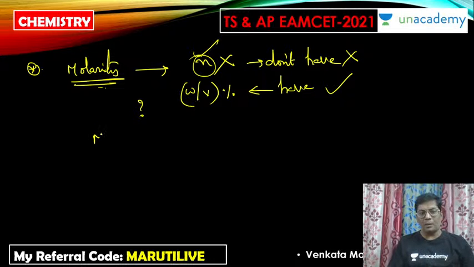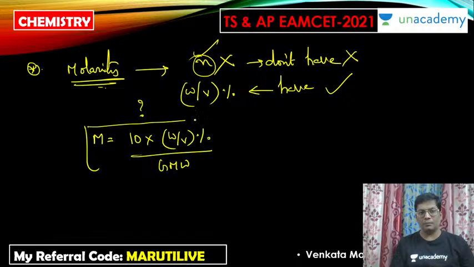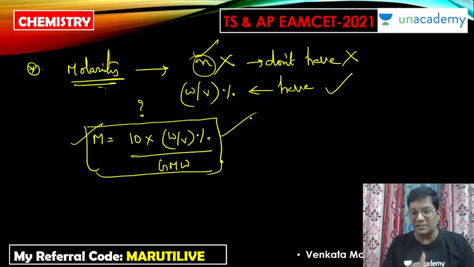This is a very important formula also. Molarity is equal to 10 into W by V percentage, that means weight volume percentage, by GMW. If you use this formula you can calculate the molarity if you know the weight volume percentage.